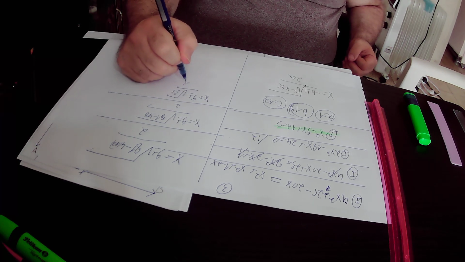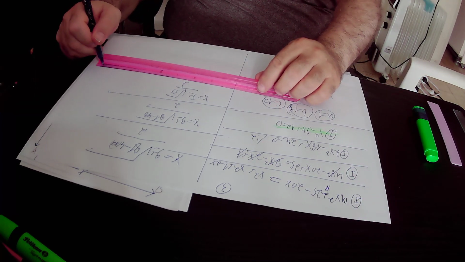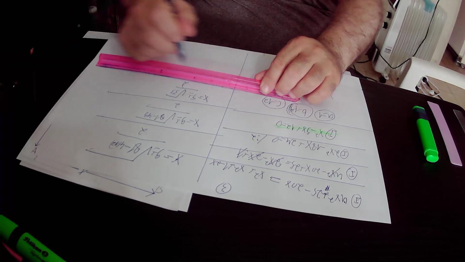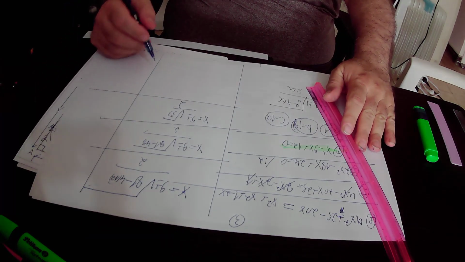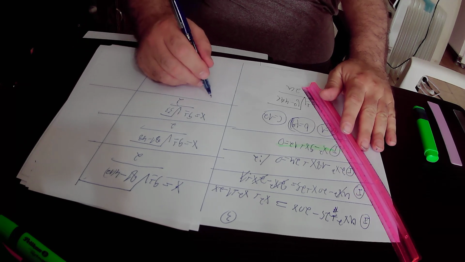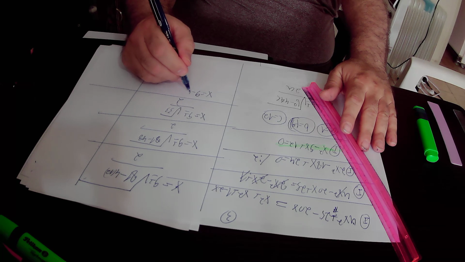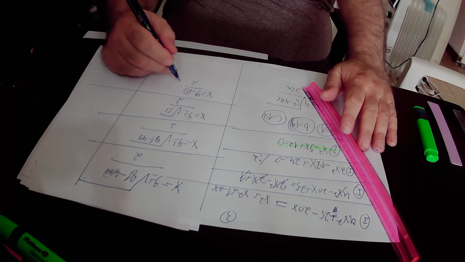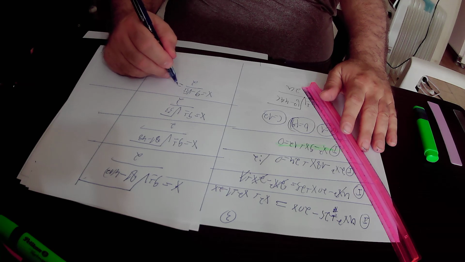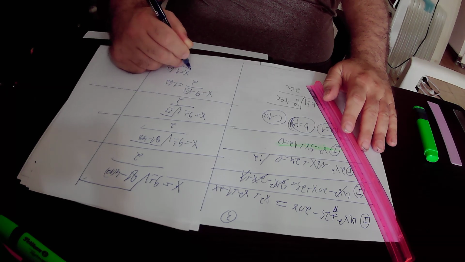So here we will have two possible solutions for x. The first solution is x equals 9 minus square root of 33 over 2, which is 1.62. So we found that x equals 1.62 units.